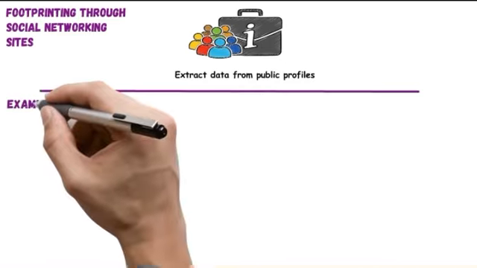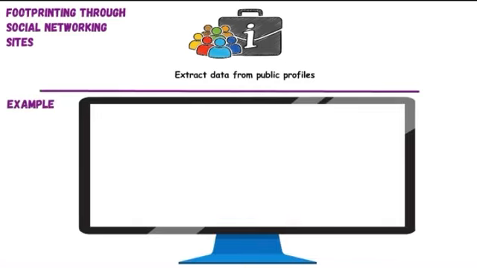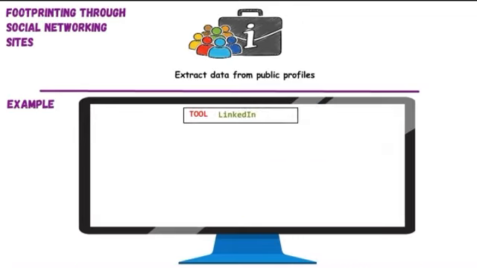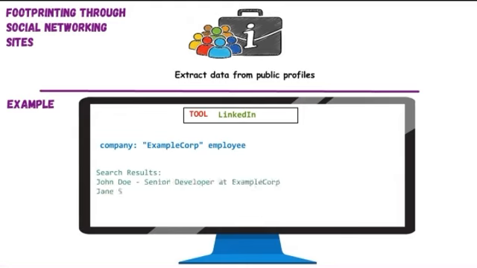Now, practically, let's see how LinkedIn can provide organizational details. We will use LinkedIn, a popular web-based professional networking site, to do this. We navigate to the search bar and type: company example corp employee, then filter by people. This instructs LinkedIn to show us profiles of individuals who work at Example Corp.